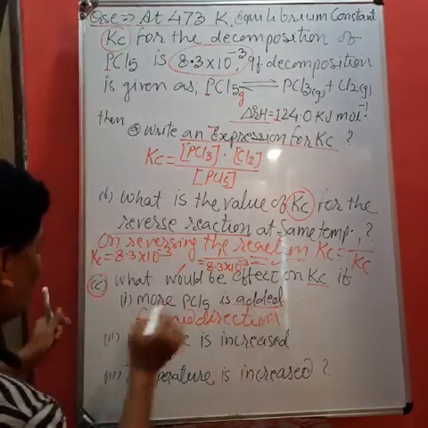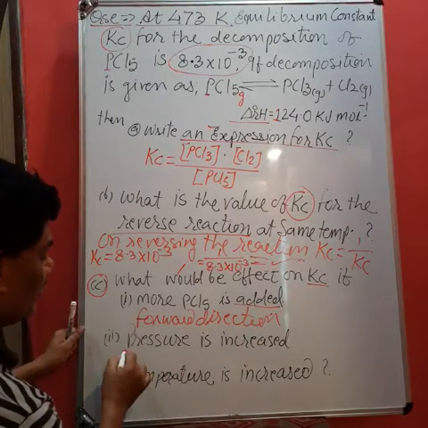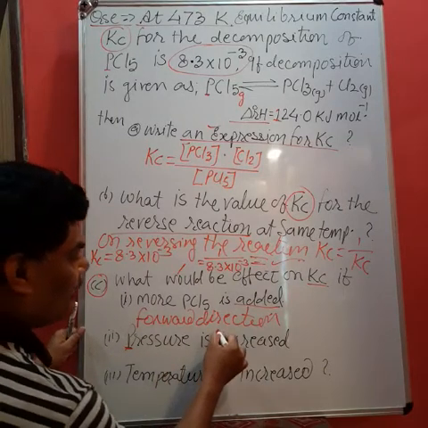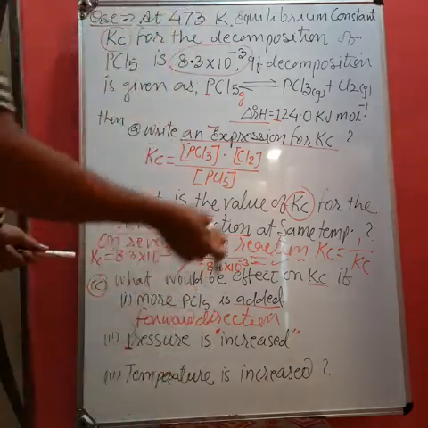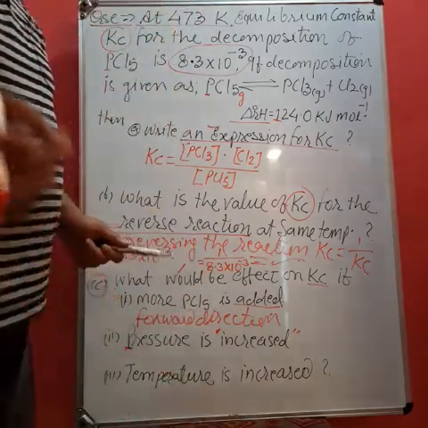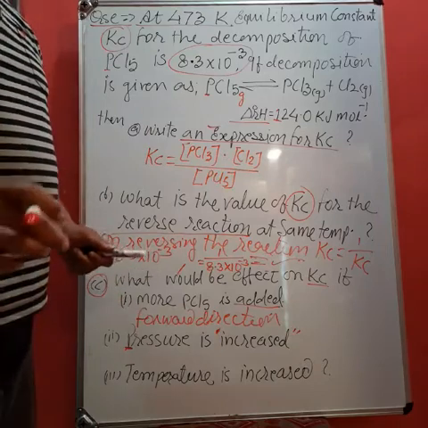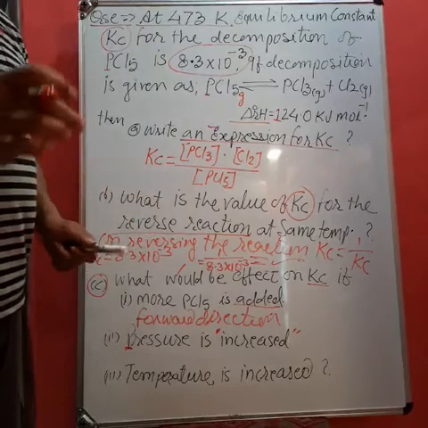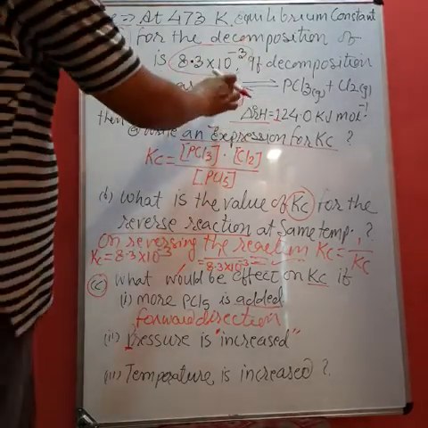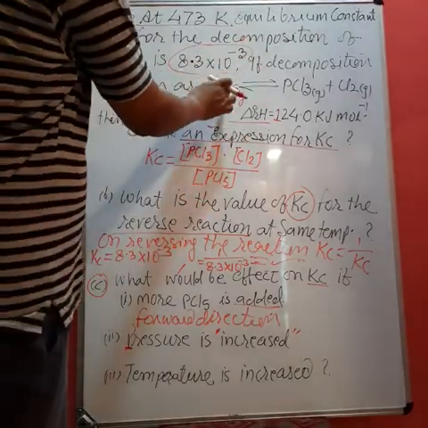Question number 2: what will be the effect of pressure? Which type of effect? Increase in pressure. Again we have discussed, if the pressure is increased, the reaction shifts to the direction where there is a lesser number of moles or lesser volume. The lesser volume is present on the reactant side.